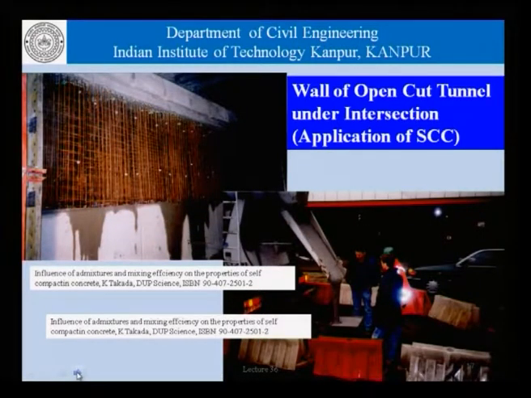These pictures here show an application of self-compacting concrete, where the concrete had to be poured in a portion like this. Now, you can imagine that if conventional concrete was to be poured, it would be difficult to ensure the kind of joint that we want at the top, even if it was possible to pour the concrete into this congested reinforcement for a certain height.